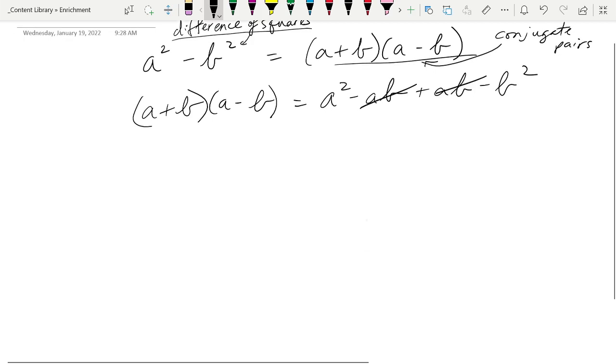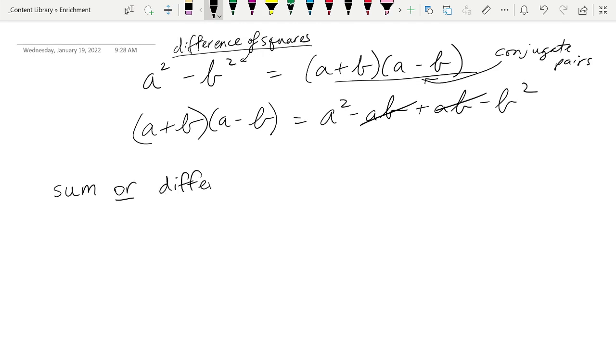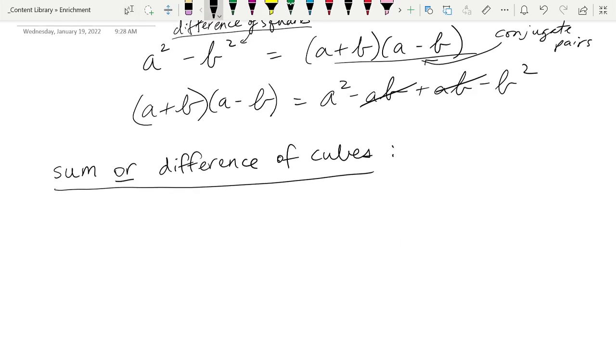One thing that's interesting, though, is you can do something pretty similar to a sum or difference of cubes. So if you had, for example, a cubed plus b cubed, you can factor that.